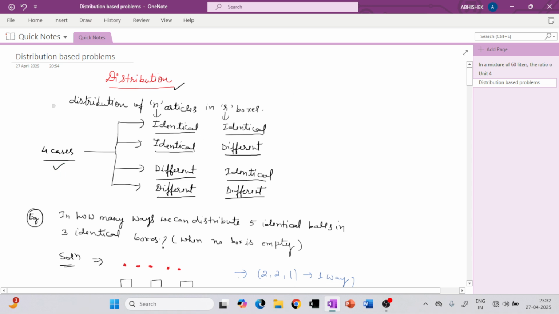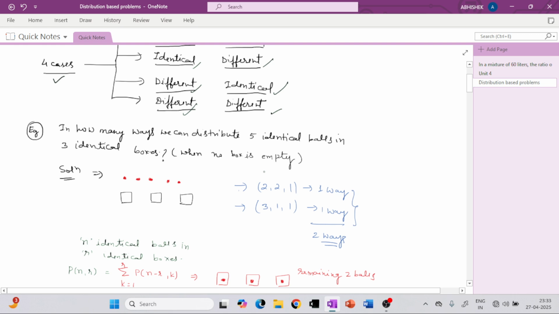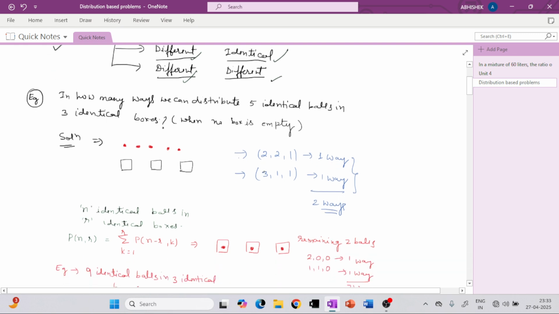The four cases may be identical articles in identical boxes, identical articles in different boxes, different articles in identical boxes, and different articles in different boxes. Okay, so now we are going to understand the different cases.